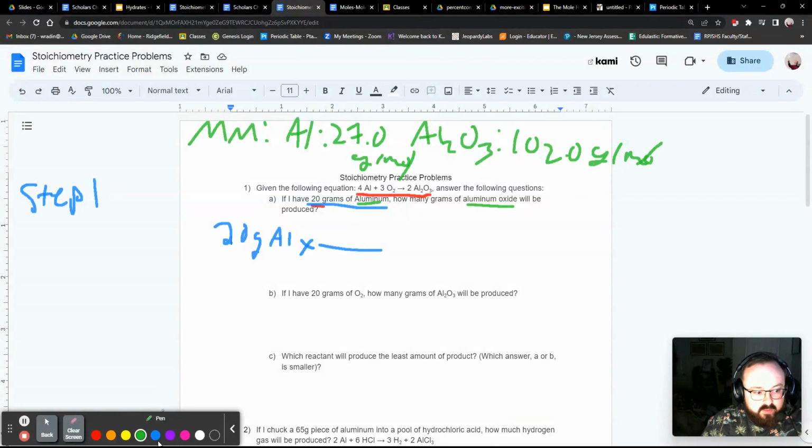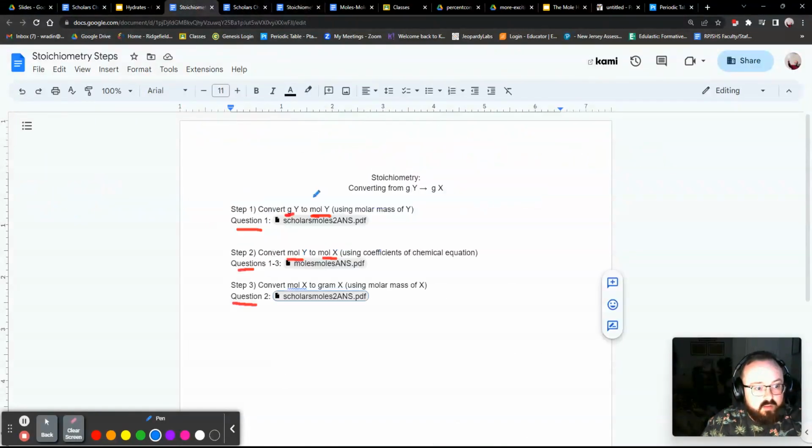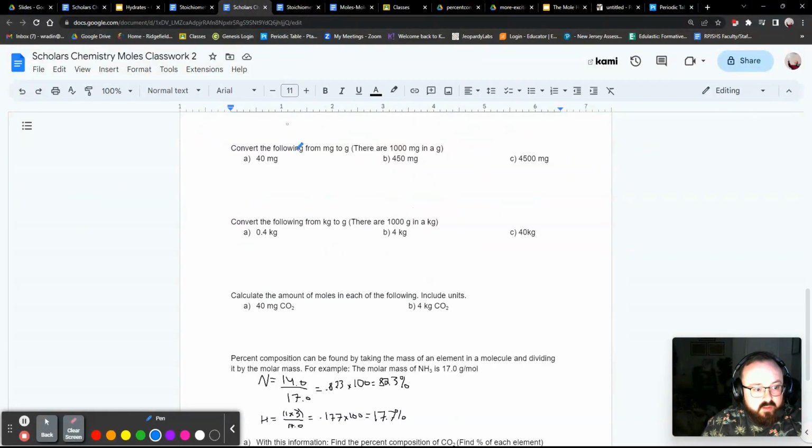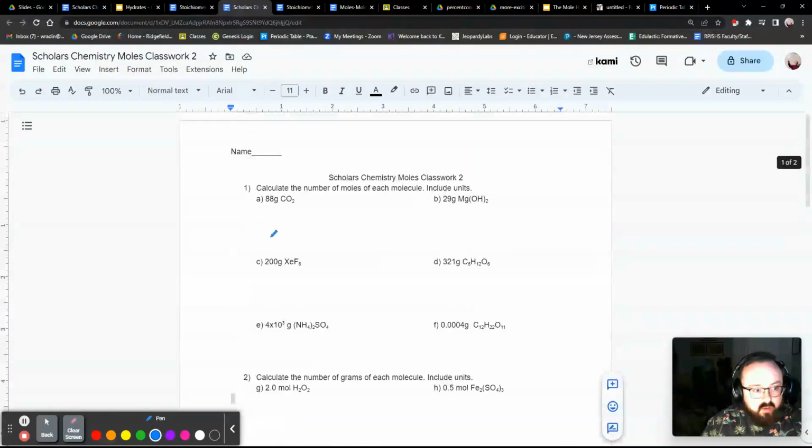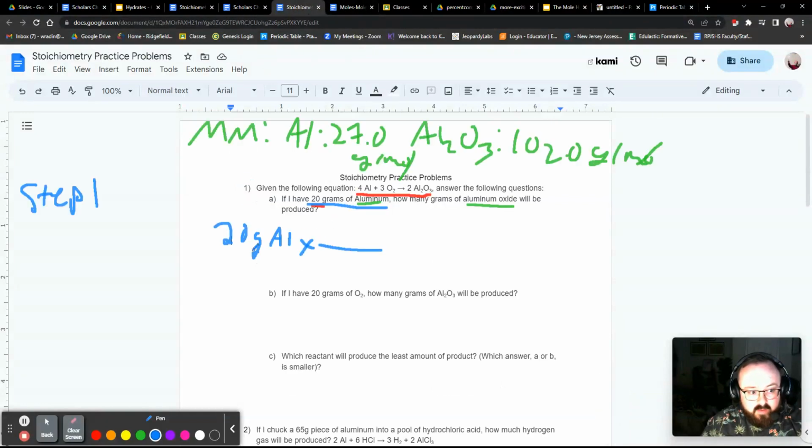Let's get back to step 1. Remember, step 1 was these types of conversions that we did all the way up here. If I have grams of aluminum, put my 1 here. I'm going to highlight the box: grams of aluminum, grams of aluminum.